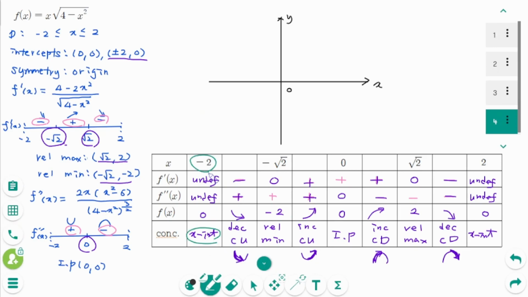The x-intercepts are minus 2 and 2. Inflection point is (0, 0). Relative minimum is (minus square root of 2, minus 2). Relative maximum is (square root of 2, 2).